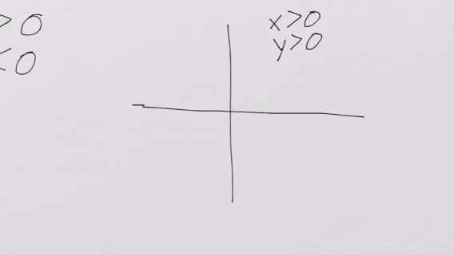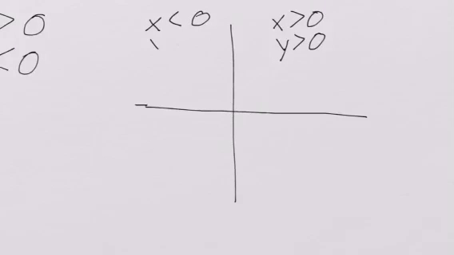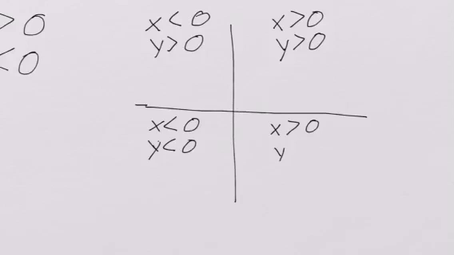In the second quadrant, x is negative and y is still positive. In the third quadrant, both x and y are negative. And in the fourth quadrant, x is positive and y is negative.